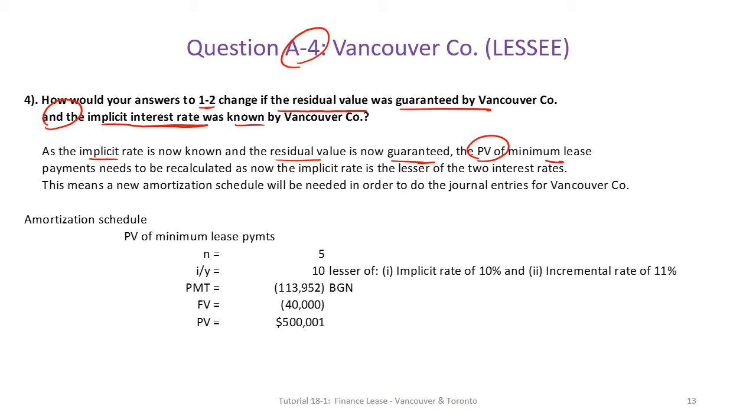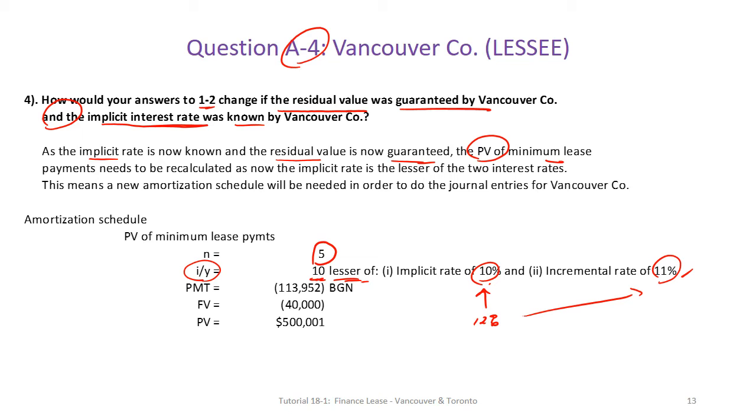Okay, we do that differently and say, okay, we know that I have a 5-year lease, but now my I/Y is 10 because I know the lessor's rate. However, just because I know the lessor's rate does not mean I use it, because I have to take the lesser of the two. So if this was 12%, then I would have to go with the 11%.